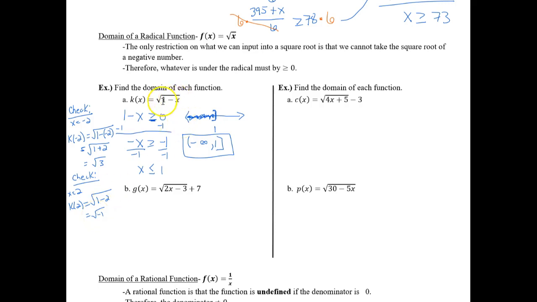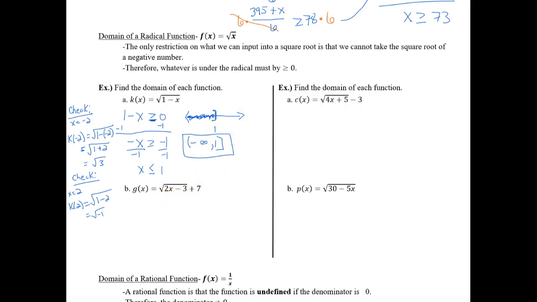So again, everything under the radical, once you simplify it, has to end up positive and not negative. That's why negative 2 was in the domain, but positive 2 wasn't.